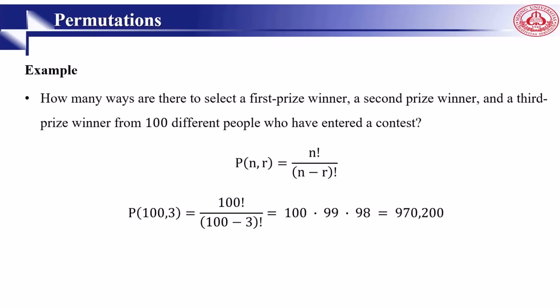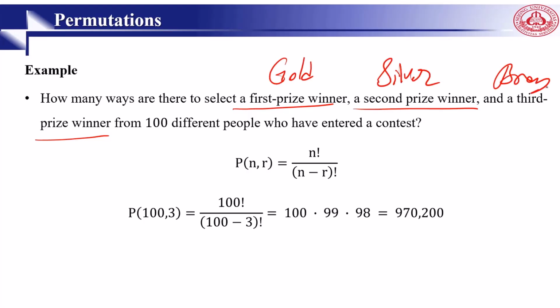For example, how many ways are there to select a first prize winner, a second prize winner, and a third prize winner, meaning gold medal, silver medal, and bronze medal, from 100 different people who have entered a contest? We want to solve this counting problem using permutations. Very simple: P(n, r) equals n factorial divided by (n − r) factorial.